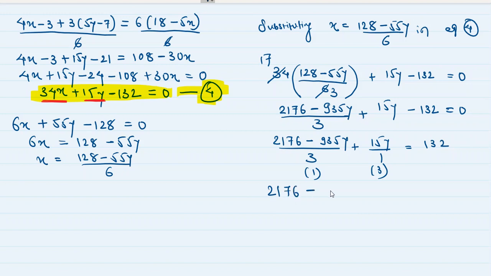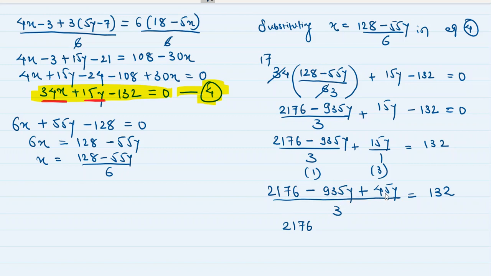2176 minus 935y, plus 3 gets multiplied with the 15 over here, 45y, the whole by 3 is equal to 132. Okay, so this will become 2176 minus 935y plus 45y.